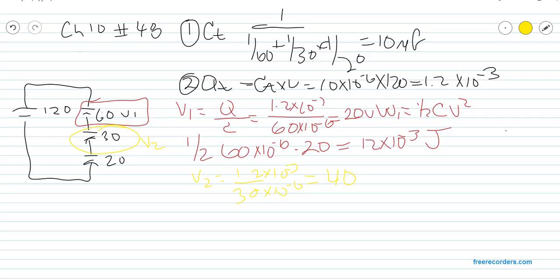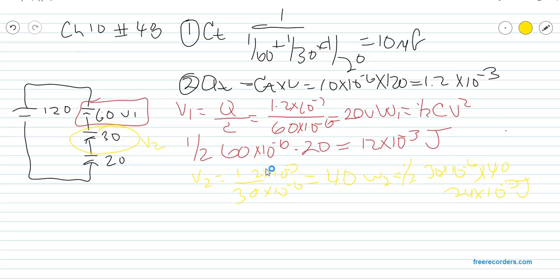Same thing. Now we'll find W2, which equals 1/2 times your capacitor, 30 times 10 to the minus 6, times 40 squared, and that equals 24 times 10 to the minus 3 joules.